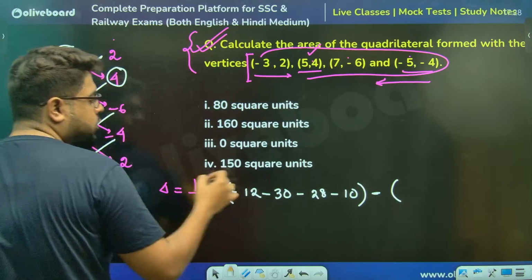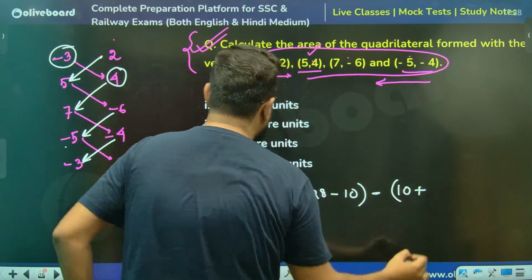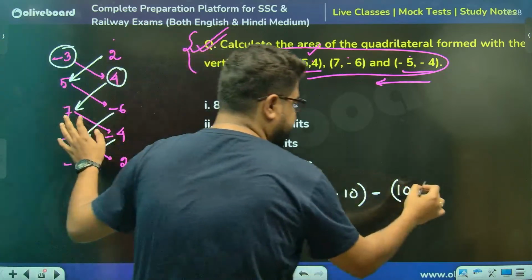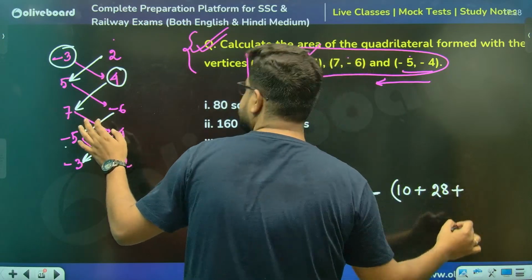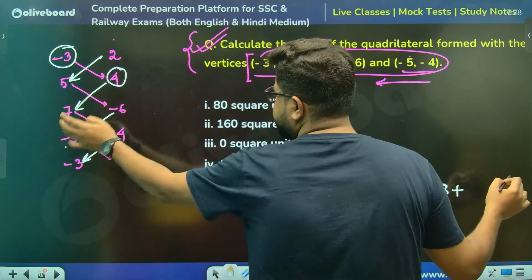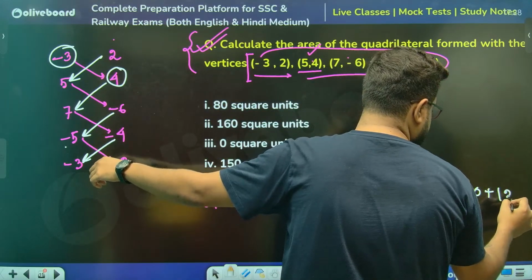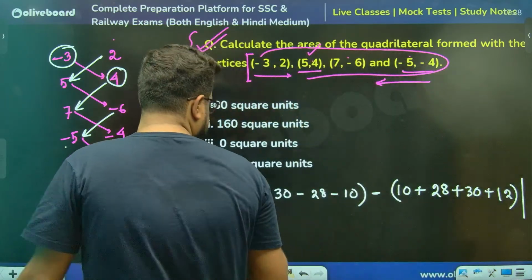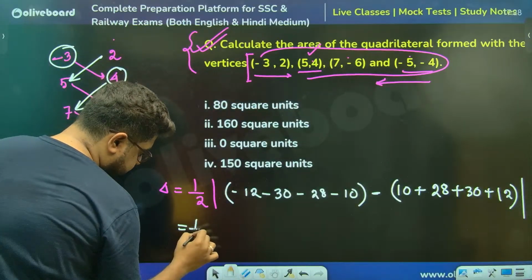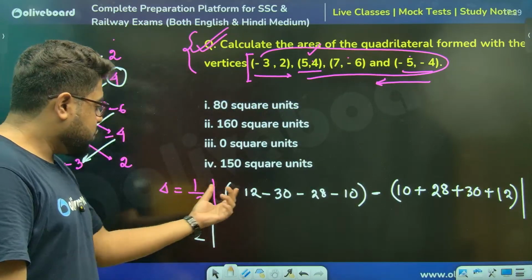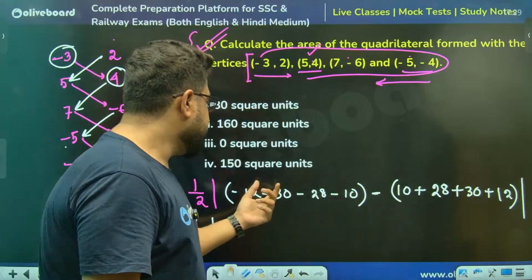So 5 into 2, 10. Plus 4 into 7, 28. Plus 5, so minus minus plus, this is 30, sir. Then 12. Okay, sir, half modulus. So 12 here, 12 here, 30, 30.